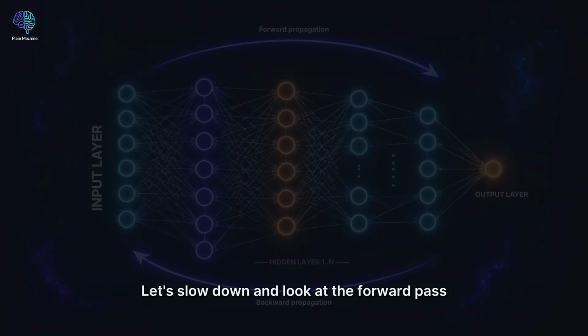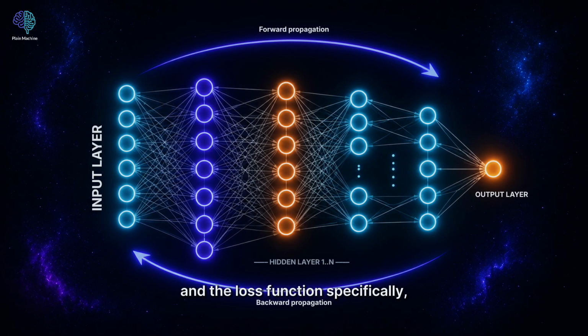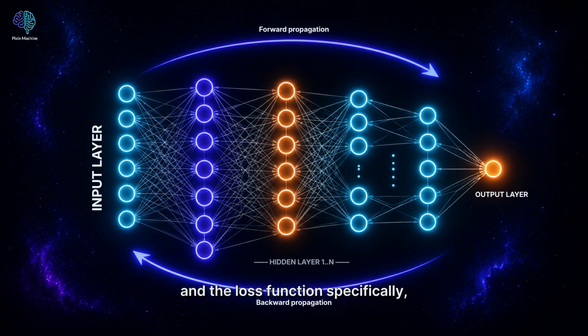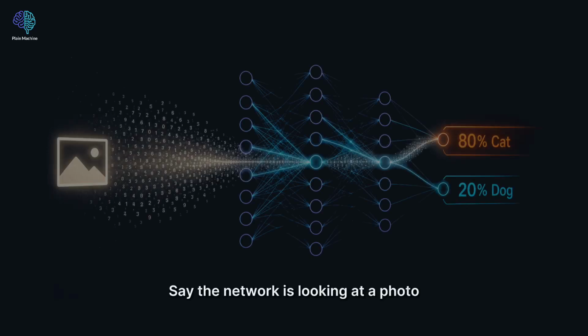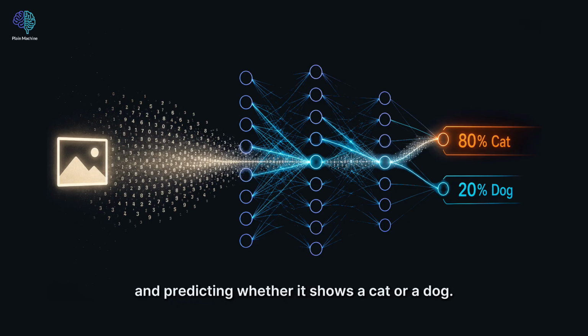Let's slow down and look at the forward pass and the loss function specifically, because both matter for what comes next. Say the network is looking at a photo and predicting whether it shows a cat or a dog. The image goes in as numbers, pixel values.